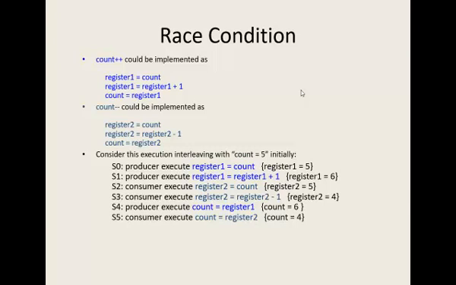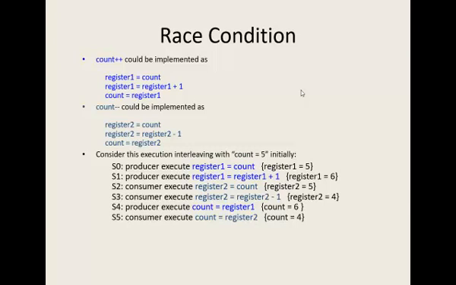The definition of a critical region is accessing shared data, making modifications to the shared data, and updating it. Count is shared data, or a shared variable, because it is shared by both the producer and the consumer. The producer uses the count to increase the value, and the consumer uses the count to decrease it.